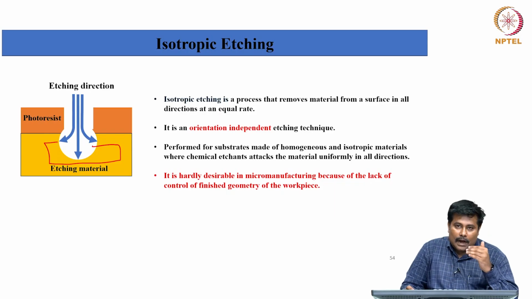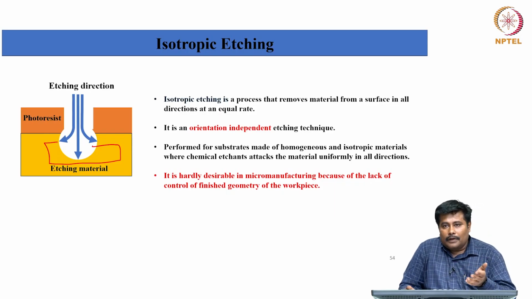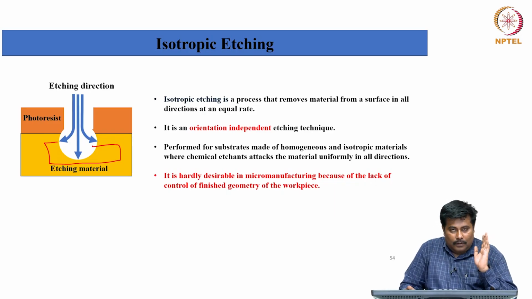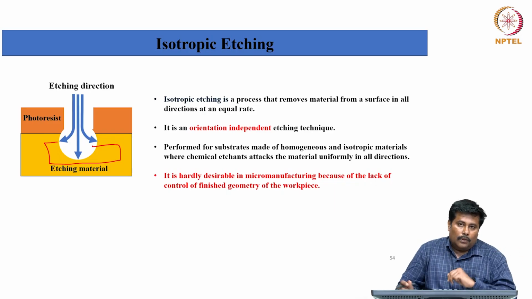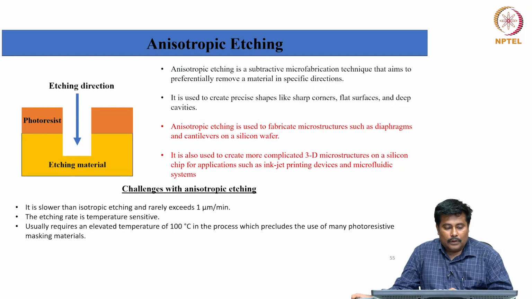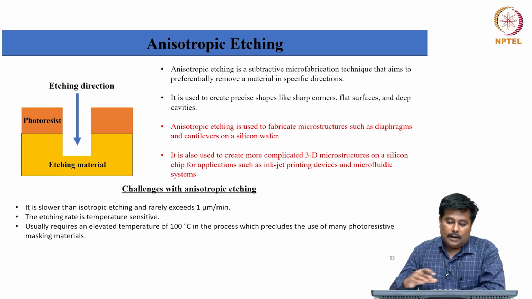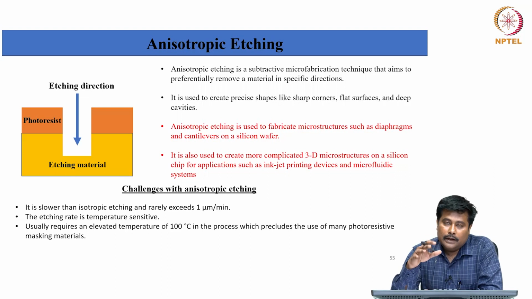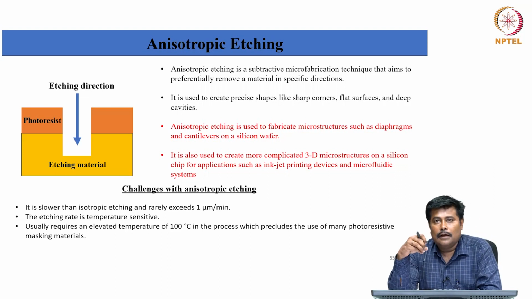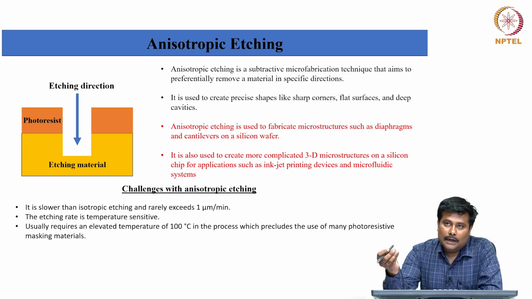So, it is hardly desirable in micro manufacturing because of the lack of control of the finished geometry of the workpiece. That is, you don't need to worry about post processing.